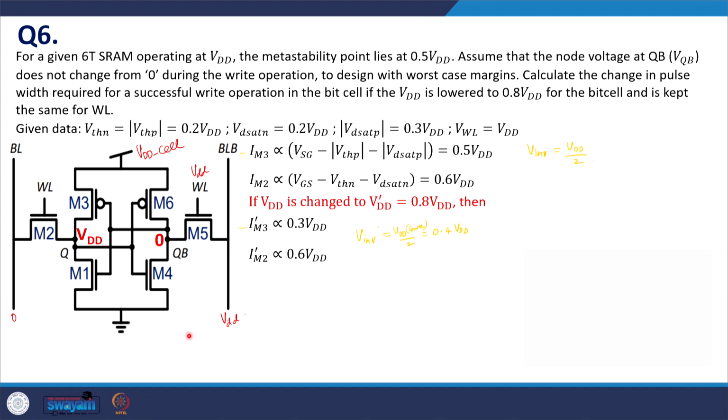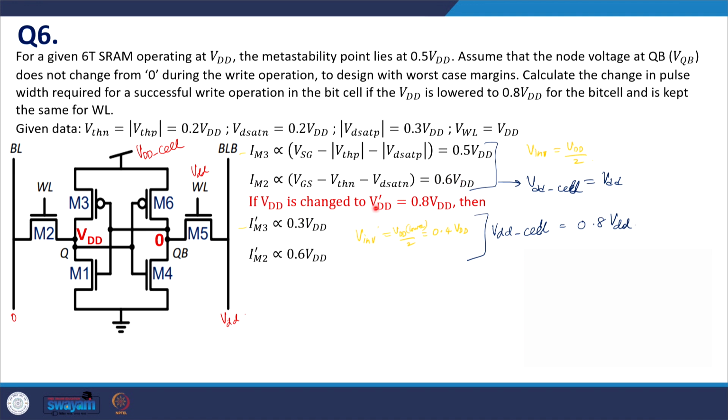So, what would happen because of this? Substituting these values, for VDD cell being equal to VDD, we get IM3 proportional to 0.5 VDD and IM2 proportional to 0.6 VDD.